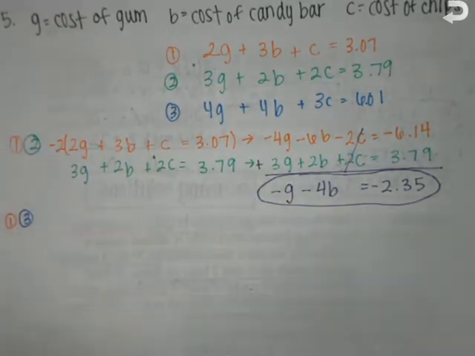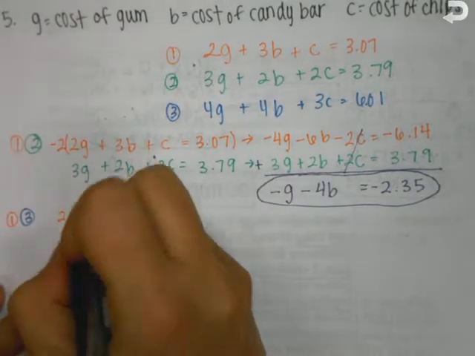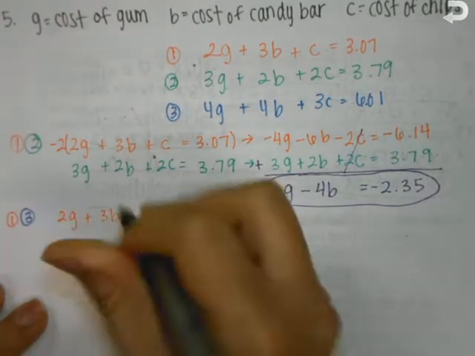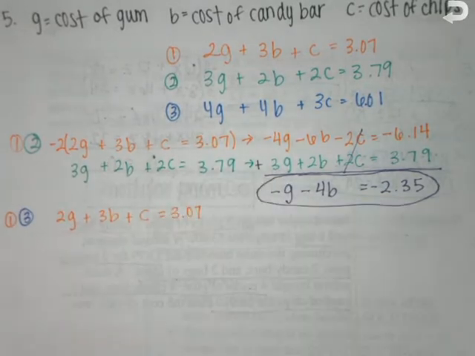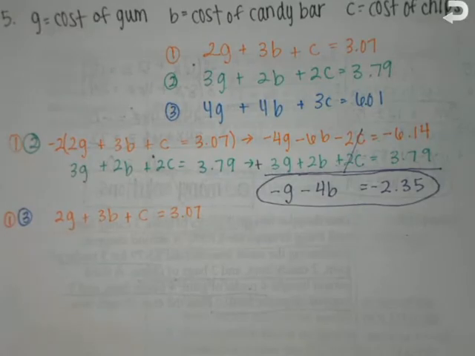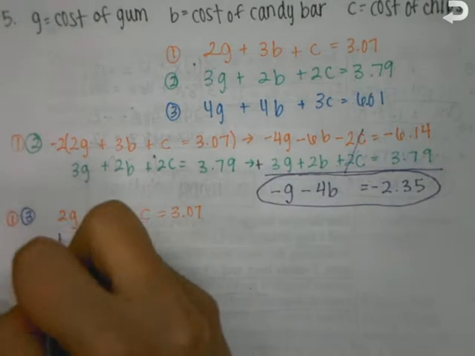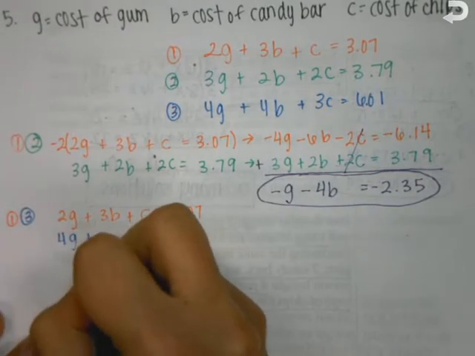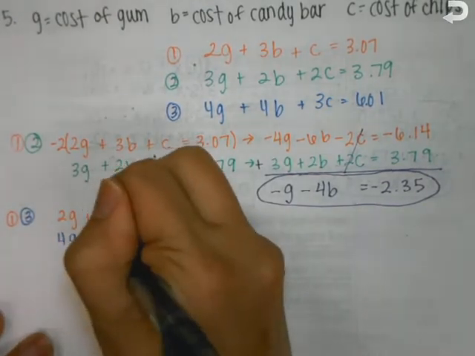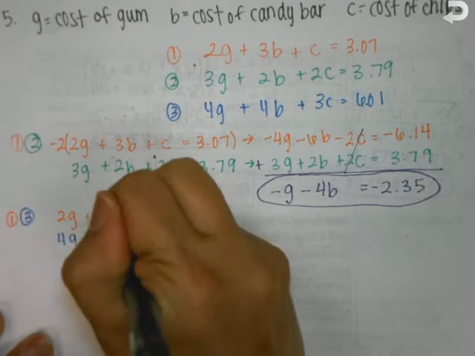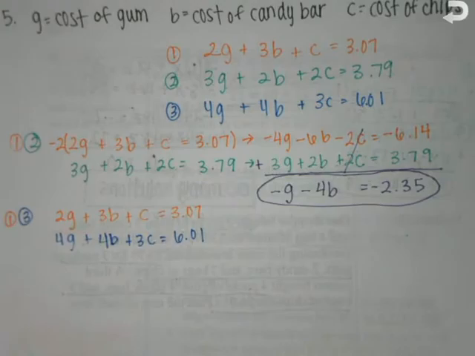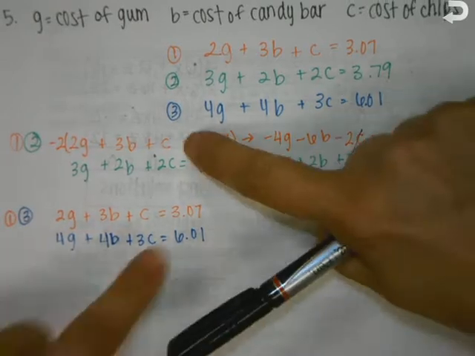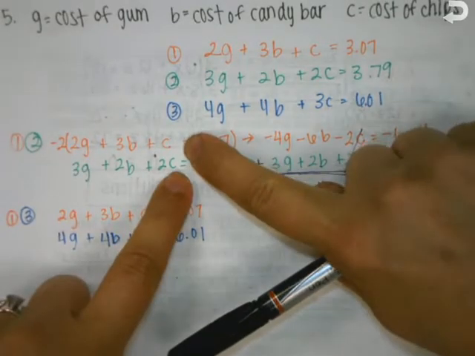Equation 3 is 4G plus 4B plus 3C equals 6.01. Okay, because we eliminated C's in step 1, we have to eliminate C in step 2. So we need to multiply the top by what? Negative 3 this time. Good.